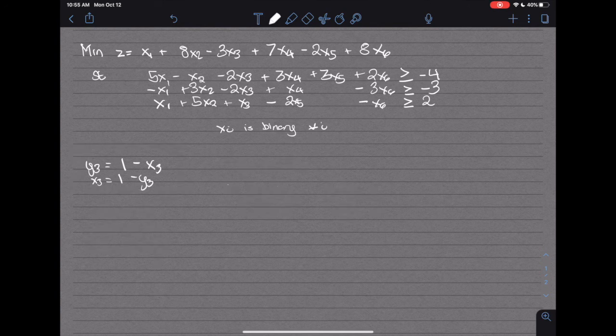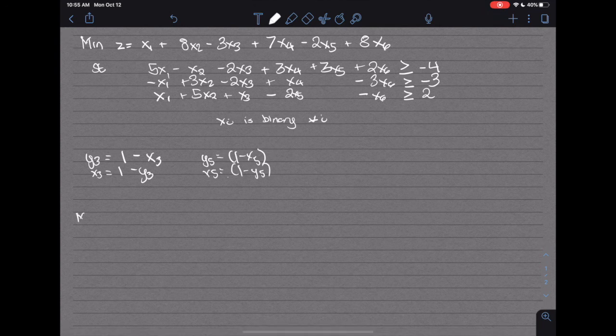Alright, now that we've settled that transformation, we also transform x5 and say that y5 is equal to 1 minus x5 and x5 is equal to 1 minus y5. Let's substitute this to your original problem.